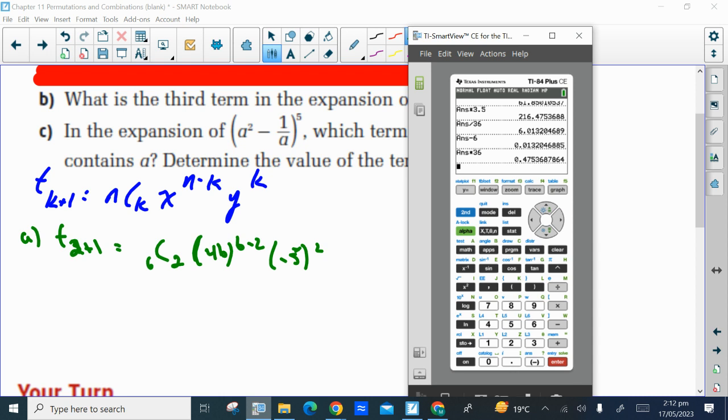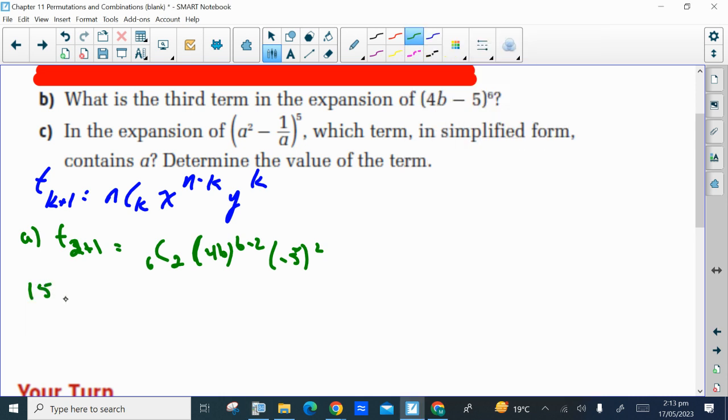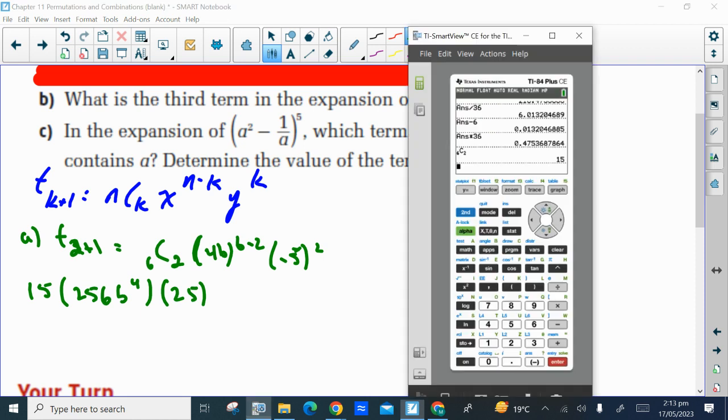So 6C2 on our calculator is 15. 4b all to the power 4, well, 4 to the 4 is 256. b to the 4th times negative 5 all squared, which is positive 25. So our coefficient is found by multiplying the 15 by 256 and 25.